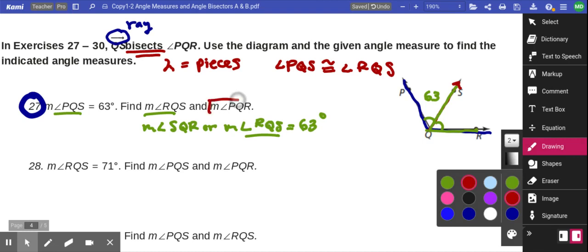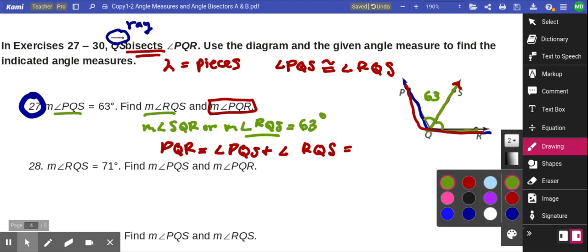Our next piece was the measure of angle PQR. And we know that PQR is our whole angle. PQR is made up of angle PQS and angle RQS.